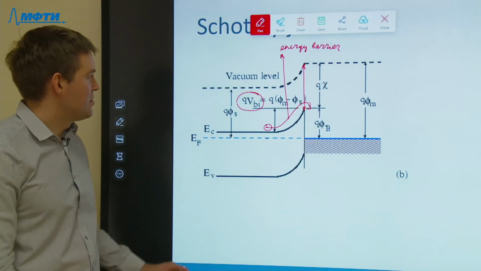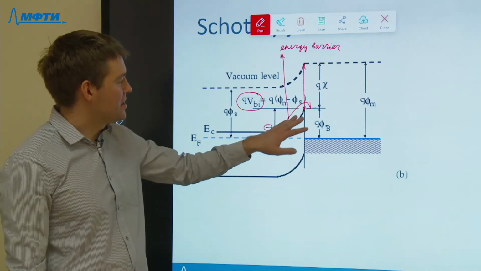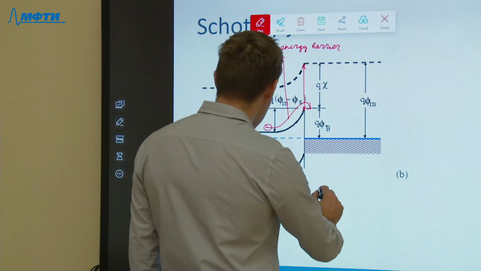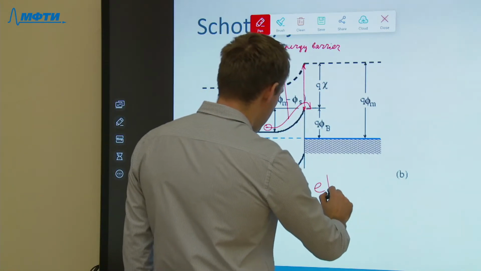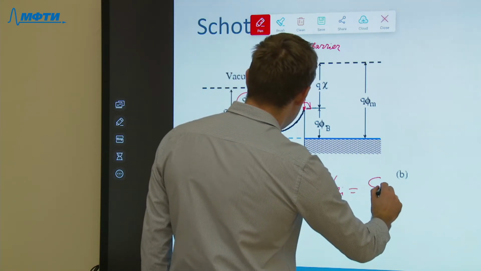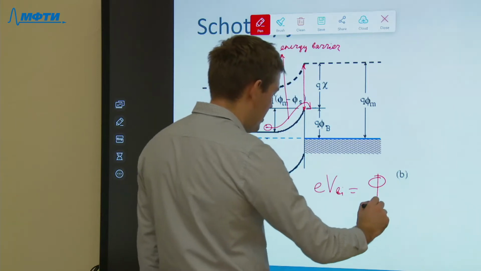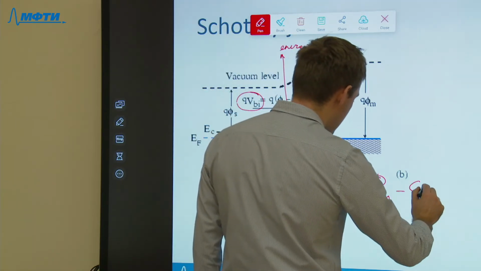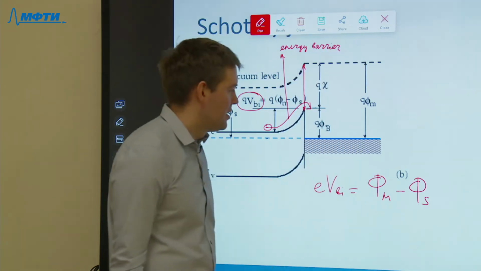So by considering this equilibrium, you can find that the energy barrier, or the built-in voltage, is nothing but the difference between work functions of metal and semiconductor.